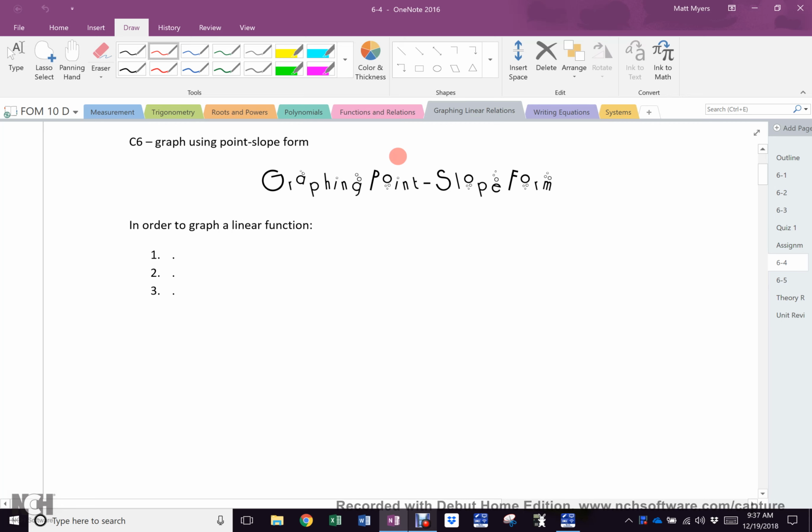So let us begin, cabbages. Three ways to graph a linear function. What is the first way that I taught you this year? You also knew it from before. Slope-intercept form? Before slope-intercept form.